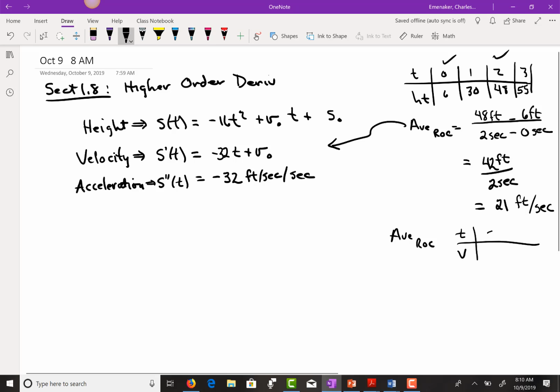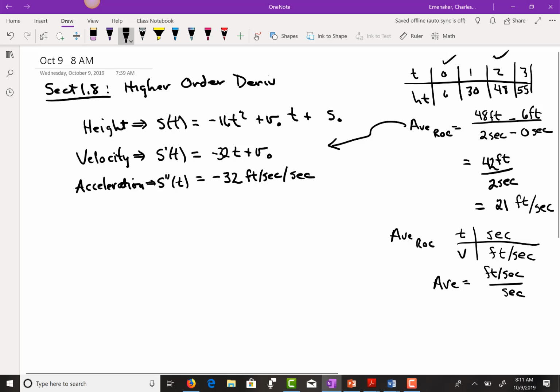Our time would be in terms of seconds, and velocities would be measured in terms of feet per second, wouldn't they? So this average here is going to be the velocities, which is feet per second, divided by the time, which is seconds. And do you see that that gives you feet per second divided by seconds?